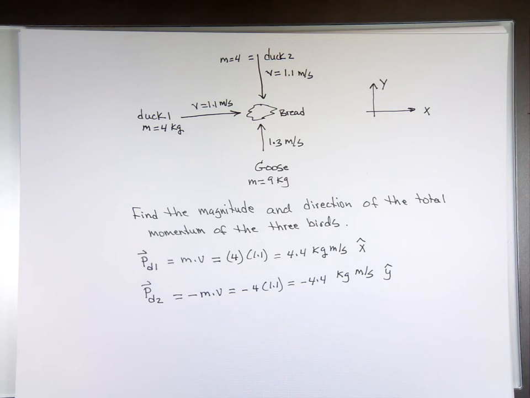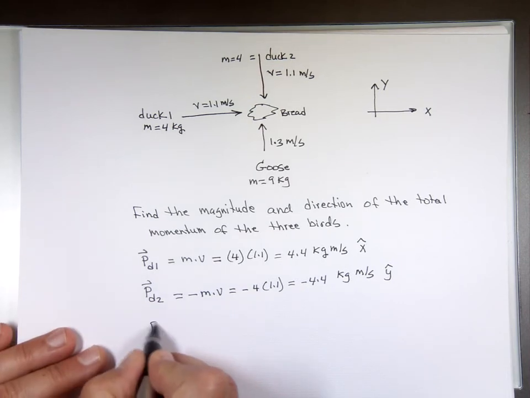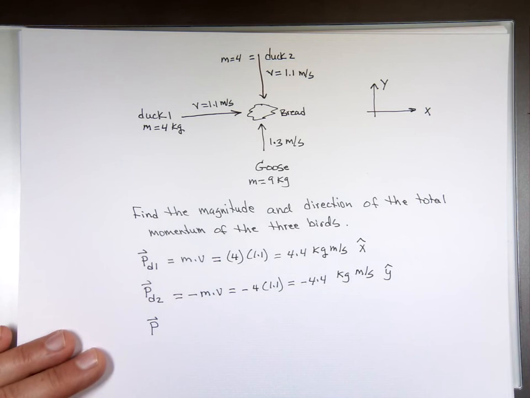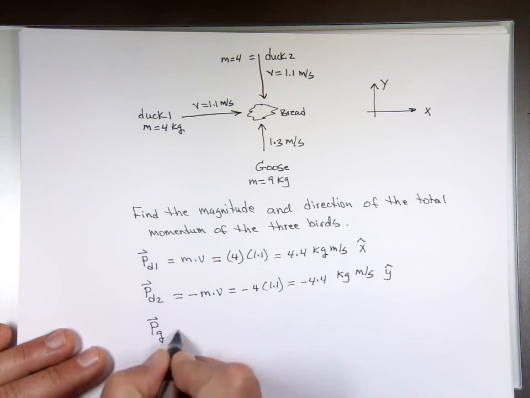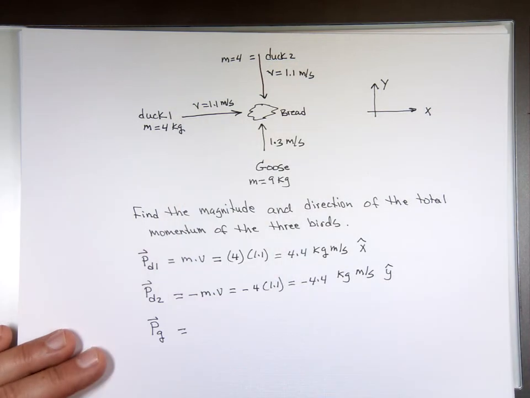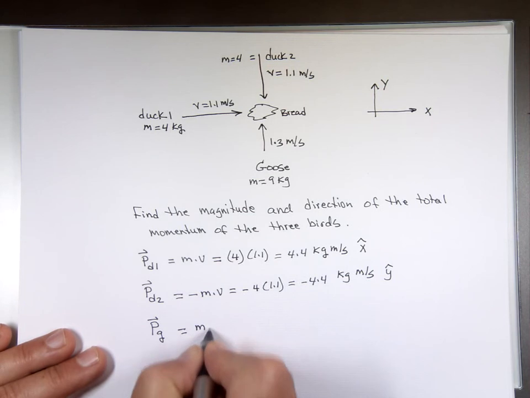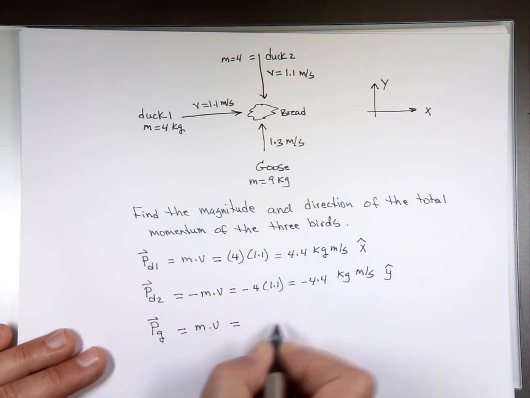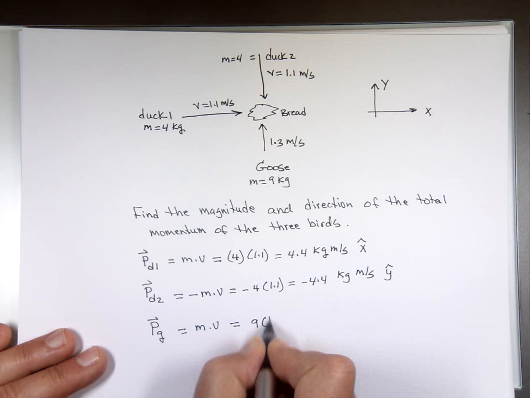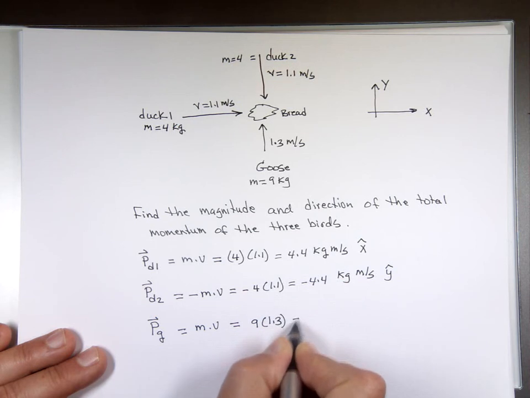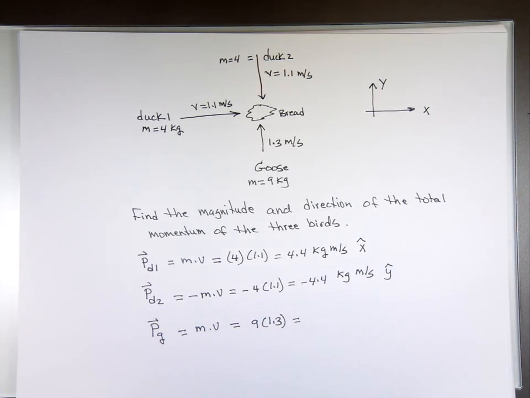And let's look at the goose. That's going in the positive y direction. The mass is 9. The velocity is 1.3. 9 times 1.3 is 11.7.